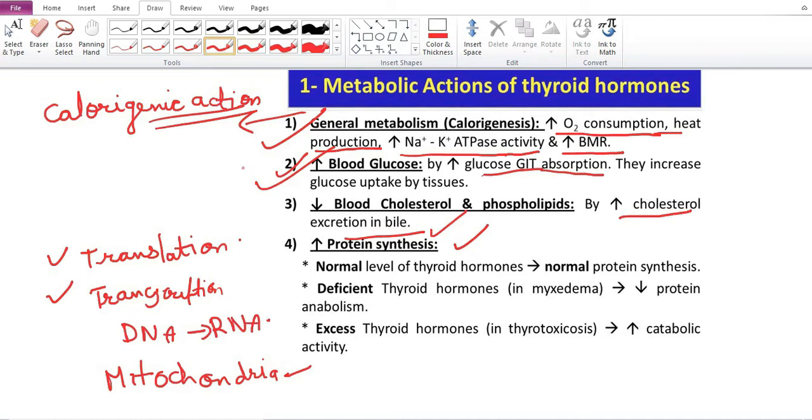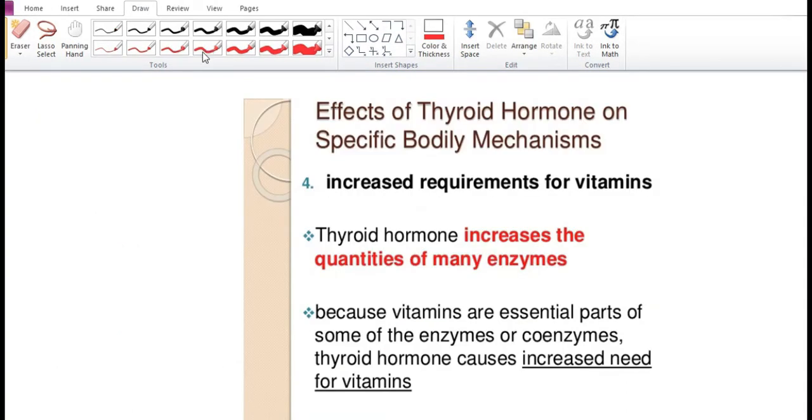If there is a deficiency of thyroid hormone, as seen in myxedema, there is decreased protein anabolism, and when there is excess, that is thyrotoxicosis, there is increased catabolic activity. So thyroxine increases the synthesis of protein. It also causes the catabolism of the protein.